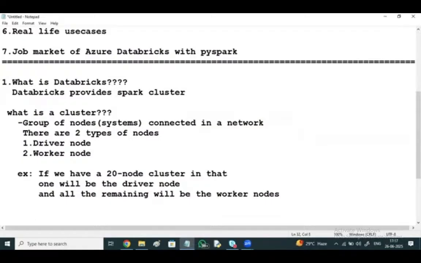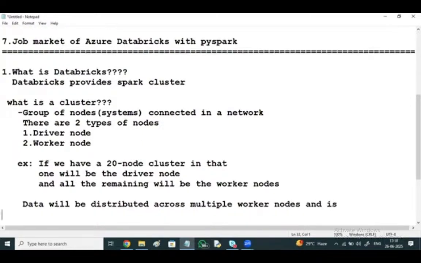If you talk about cluster computing, data will be distributed across multiple worker nodes and executed parallelly by multiple worker nodes.